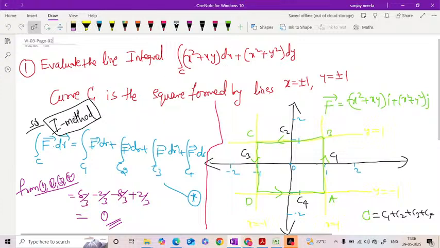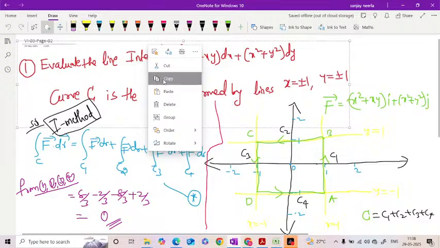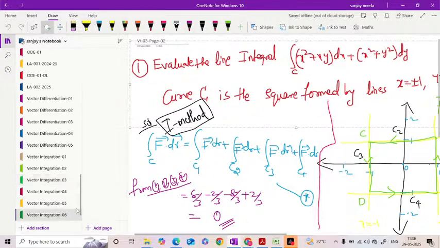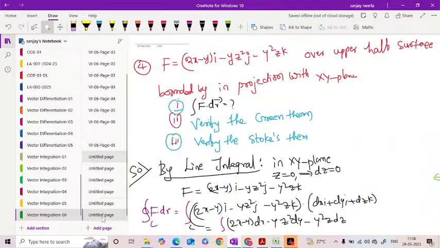I think I have done it in two ways. Now the same problem, just apply Stokes theorem also. Just copying, just do this problem. So this is our first homework problem, just try to solve.